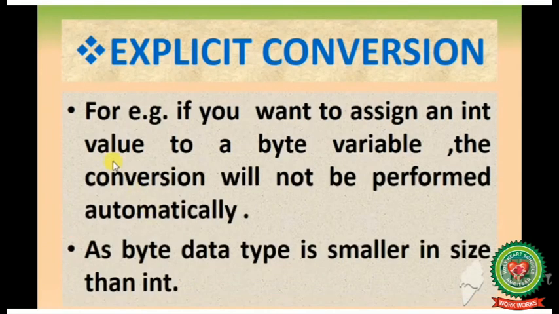See, for example, if you want to assign an int value to a byte variable, the conversion will not be performed automatically as the byte data type is smaller in size than int. Byte has 8 bits and int has 32 bits. So we can't change a 32-bit data type into 8 bits.